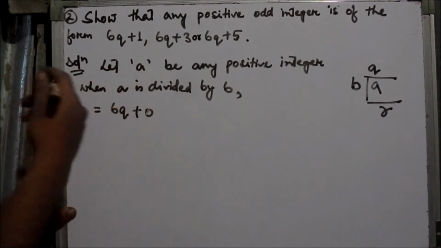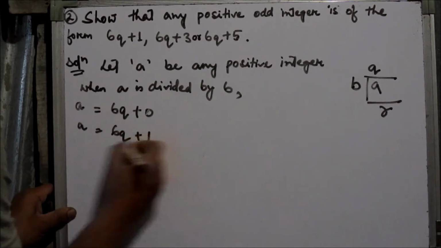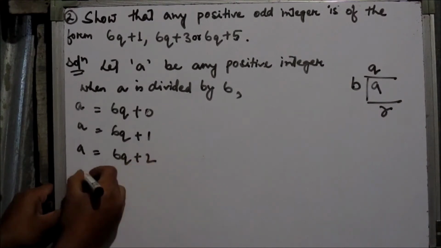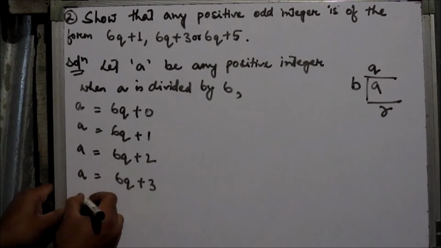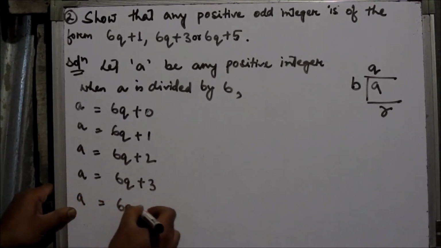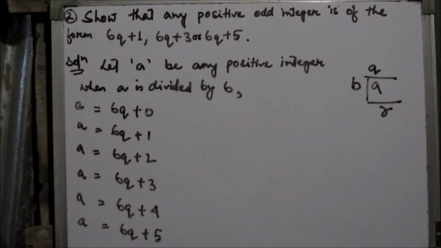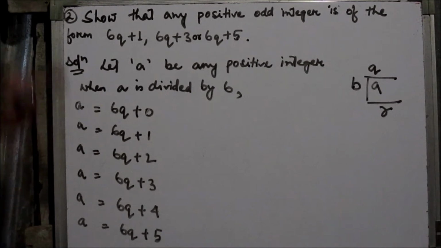The second case, the remainder may be 1. So a might be equal to 6q plus 1, or 6q plus 2, or 6q plus 3, or 6q plus 4, or 6q plus 5. These are the possible outcomes. The remainders may range from 0 to 5.